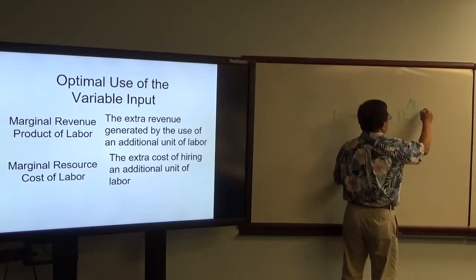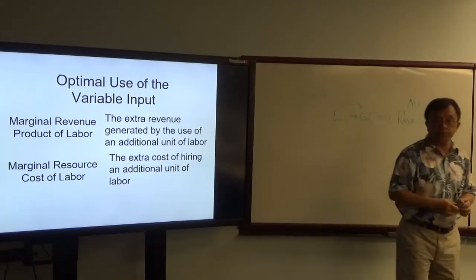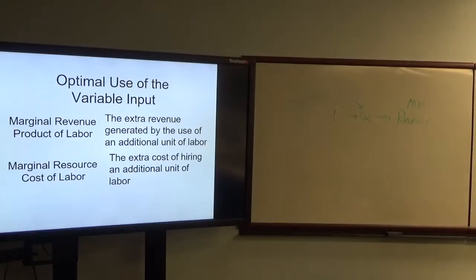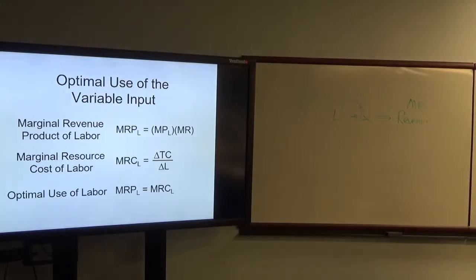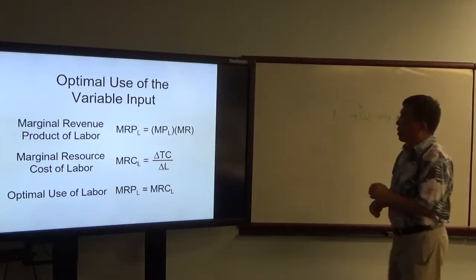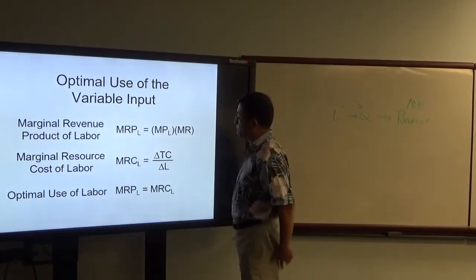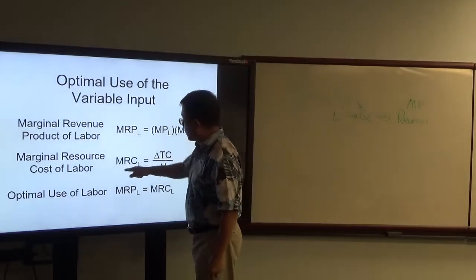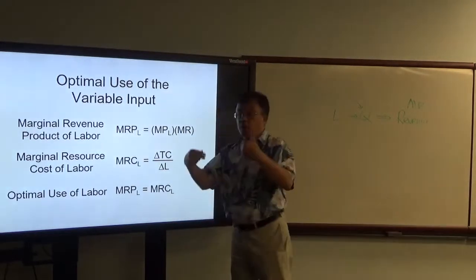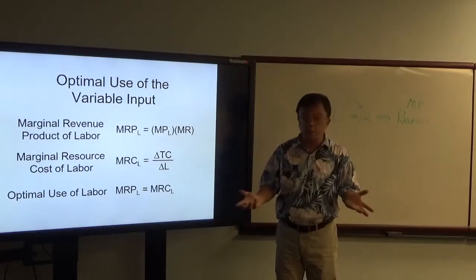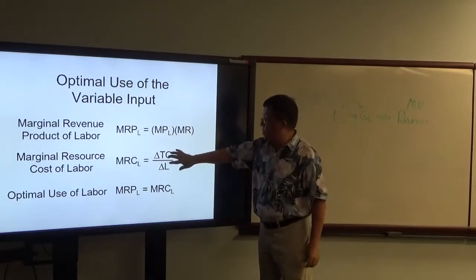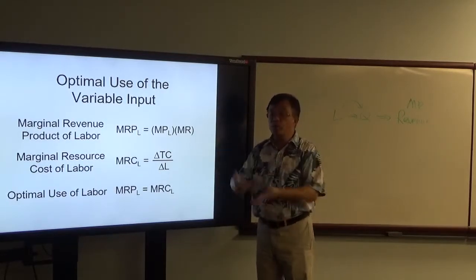Marginal revenue. So the marginal revenue product is basically the marginal product of labor times the marginal revenue. And the marginal resource cost of labor is the change in total cost if you use one more unit of labor. But in our example, this is extremely simple because we assume the wage rate is fixed.